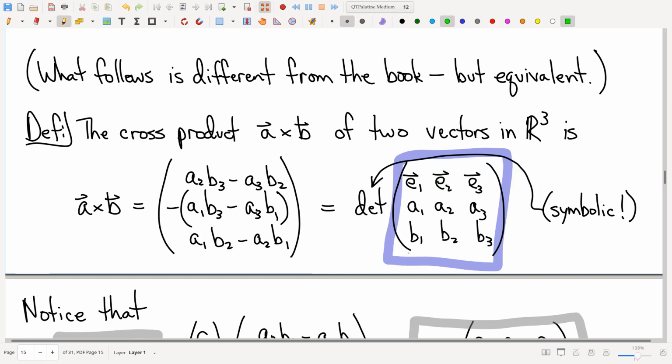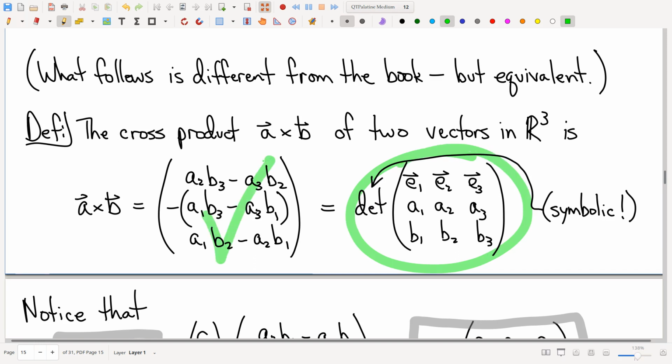But if you set that aside, if you ignore the fact that that's not technically a matrix, and so we therefore cannot technically talk about the determinant of it, if you just sweep all that under the rug and just go through the usual motions of how you would compute the determinant, this is a healthy exercise that you should do. In fact, you will get exactly that expression right there.